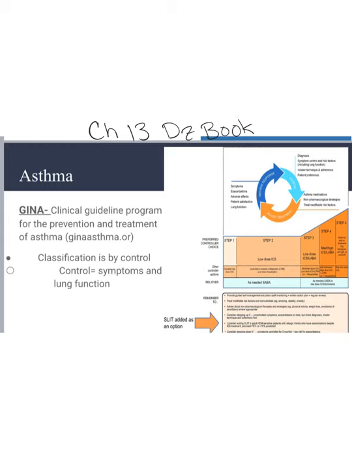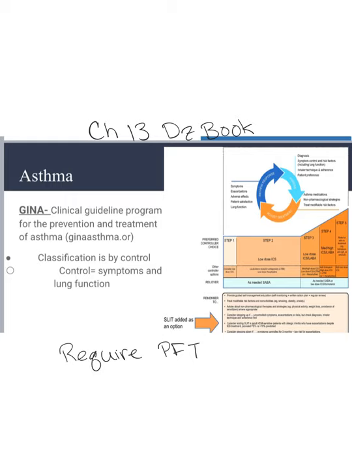They have a lot of great information. Along with COPD, it requires a PFT to diagnose, because they want to make sure that it's a reversible airway obstruction. So they'll do a methacholine challenge and see if they react to albuterol.